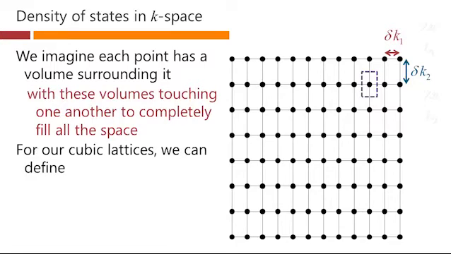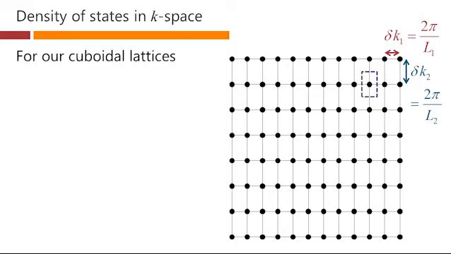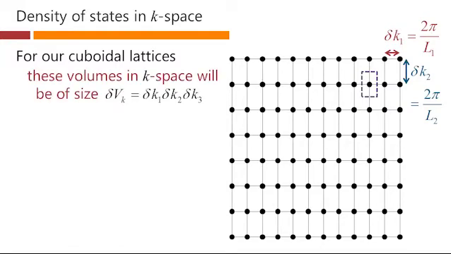For our cubic lattices that we're going to be thinking of, we can define these separations here as we've been writing down. So delta K1 is 2 pi over L1, delta K2 is 2 pi over L2, and similarly for the third dimension. Again, for cuboidal lattices, these volumes in K space, the size of these bricks in the mathematical space we're now working in, will be this kind of a volume here.